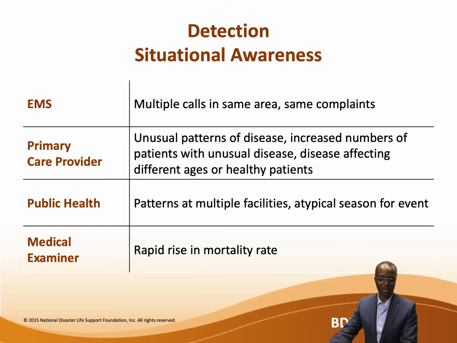Public health professionals have the unique ability to monitor multiple hospitals, clinics, and laboratories simultaneously, and thus be able to appreciate patterns across multiple facilities. Medical examiners' offices may note an unexpected rise in mortality rate that is unexplained, which may be a clue of an attack.